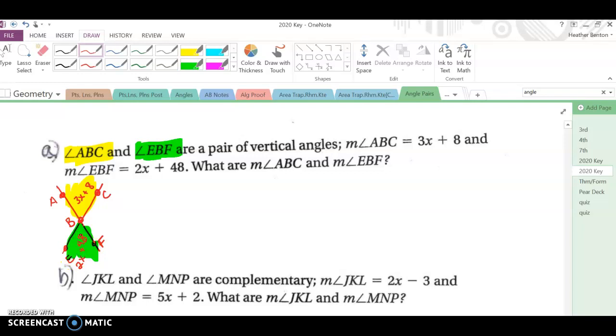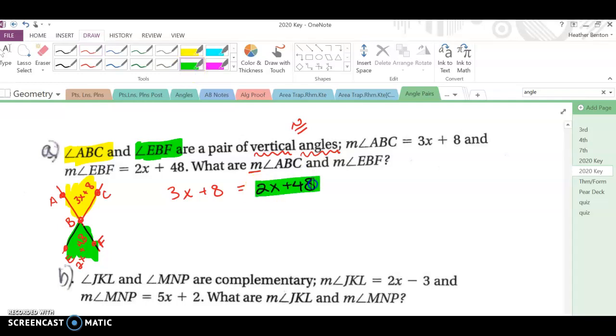And what are the measures? Remember, m stands for measure of ABC and the measure of EBF. So maybe without even drawing the picture, without even being able to visualize this, you remember that vertical angles are always congruent. So you would set these two things equal to each other, the 3x plus 8 and the 2x plus 48, right?